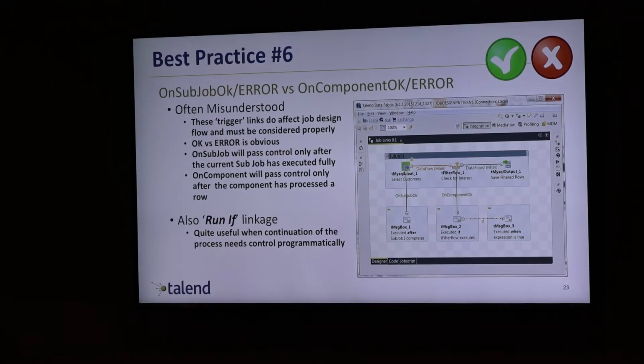So if you want to bundle your source and target in one sub-job OK, and then you want to orchestrate, you want to say, okay, the second job should run second pipeline for reading a different table or doing something else, or reading from a MQ, reading from a queue or something. If you want to do that, you want to connect them using some sub-job OK. Obviously, the uncomponent OK error is at the component level, and the other one is at the sub-job level.